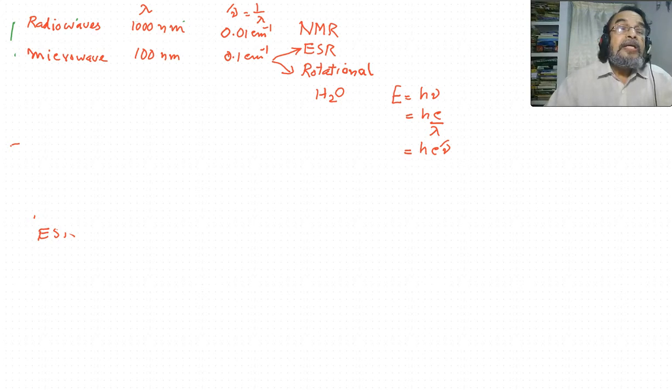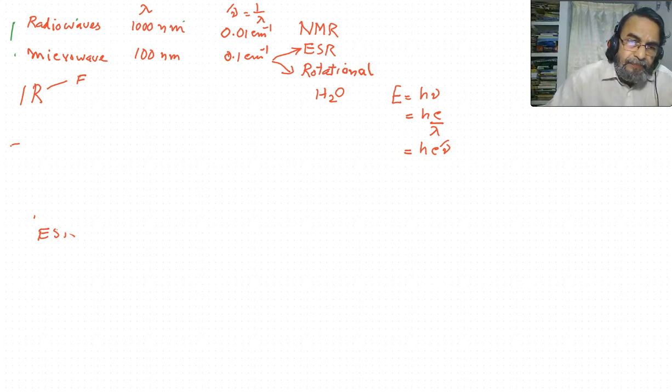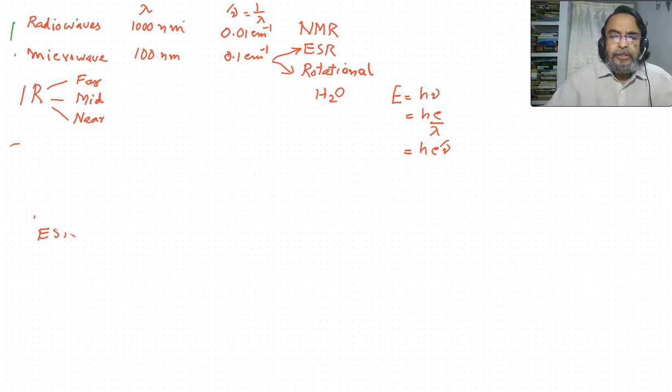Now, the next region is the infrared region. Infrared region, in the coming classes, we will say that it is suitable to divide into far infrared, mid infrared, and near infrared regions.